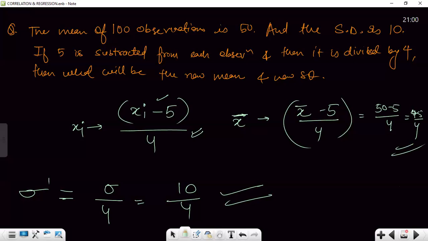The mean and the variance of binomial distribution, we have already studied in the probability chapter.